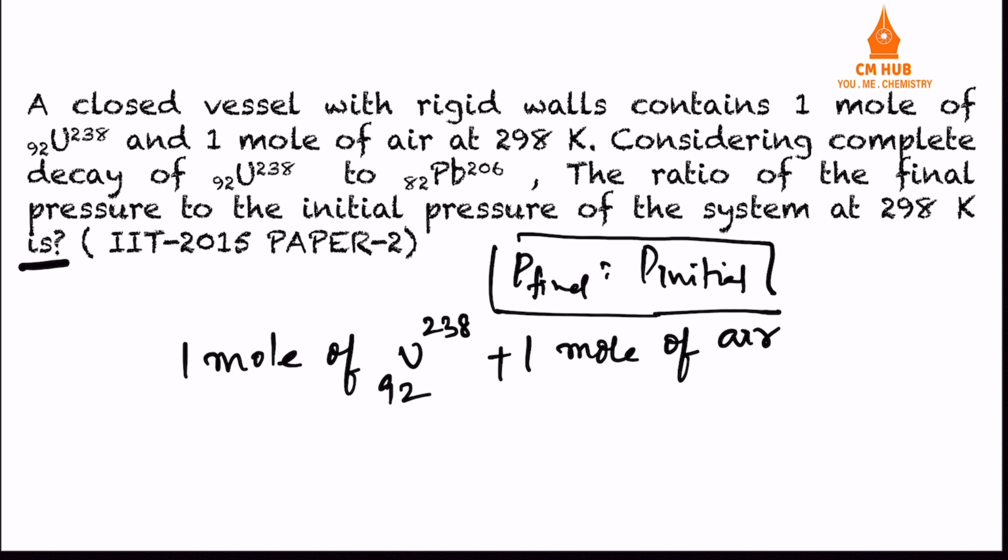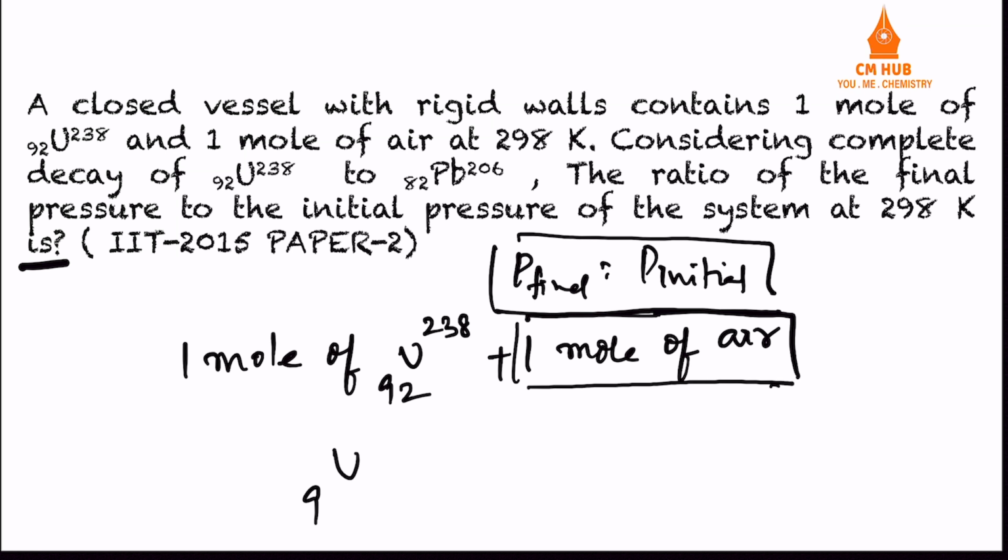So whatever the initial pressure that is exerted is because of the air that is present. And how many moles of air are present? 1 mole of air is present. So initial pressure corresponds to the 1 mole of air that has been taken along with 1 mole of uranium 92-238.